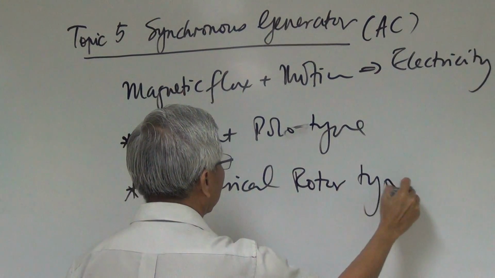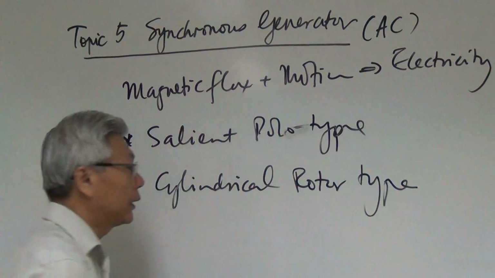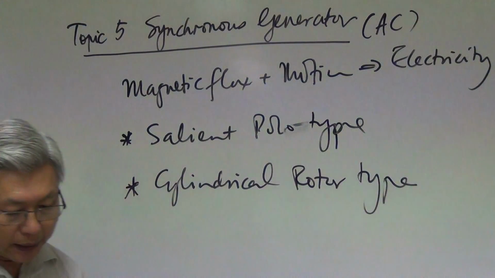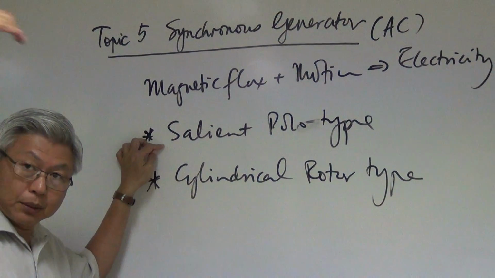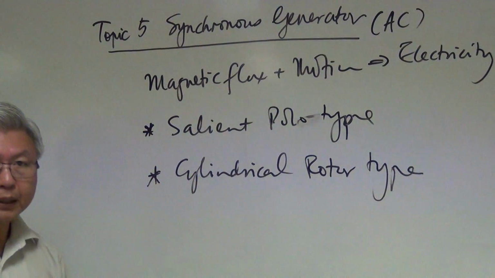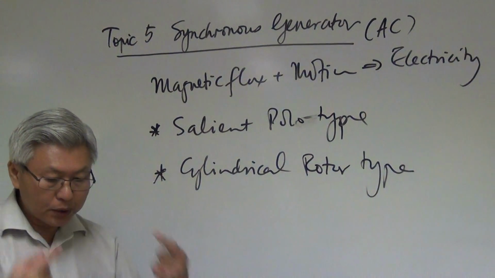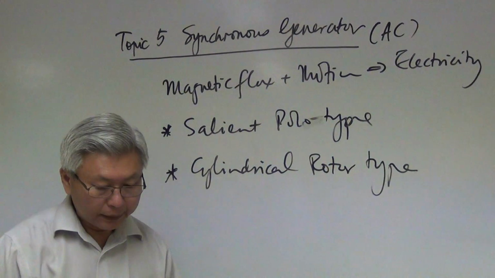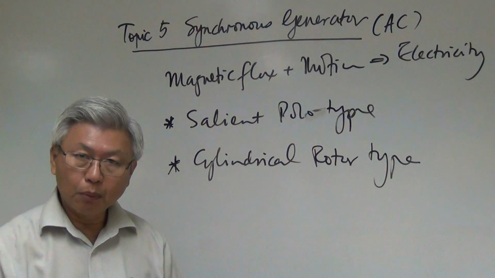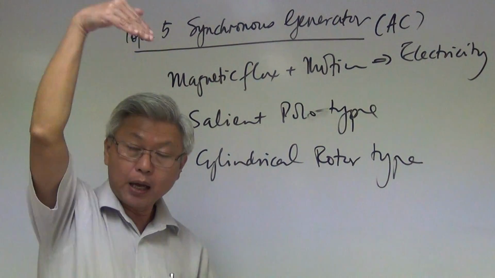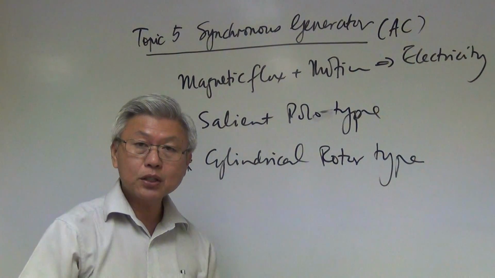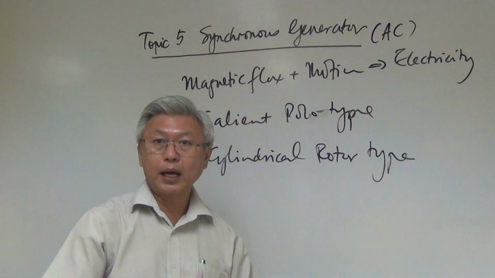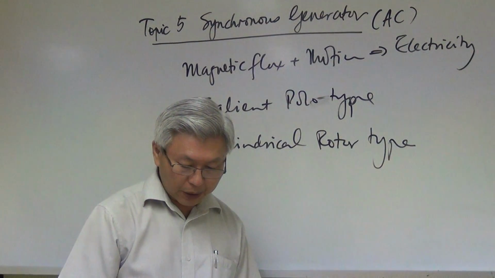Now, if you refer to the notes, it describes what the differences between the two are. Salient pole types are usually driven by hydro turbines, driven by waterfall, right? And because it's by waterfall, it's low speed operation, and it is not suitable for high speed operation because the waterfall's forces impact on the rotor, right? So it can be quite damaging if it's on high speed. So it's on low speed.